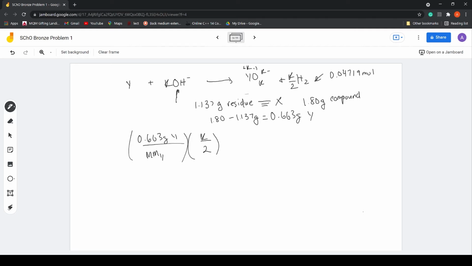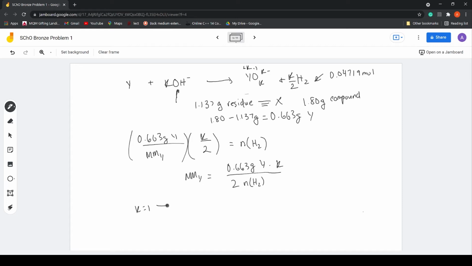This has to give us the moles of hydrogen gas produced. We can do the same rearrangement we did last time to find that the molar mass of Y equals 0.663 grams of Y divided by 2 times n of H2 times K. So basically we did the same manipulation we did last time, and now let's look at different values of K and figure out what the element Y would be.